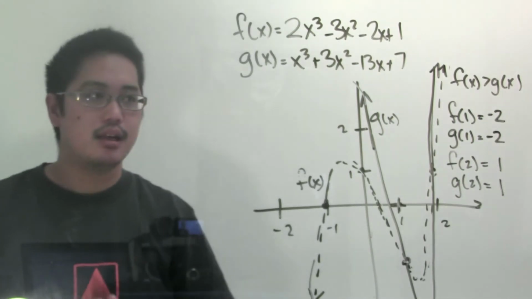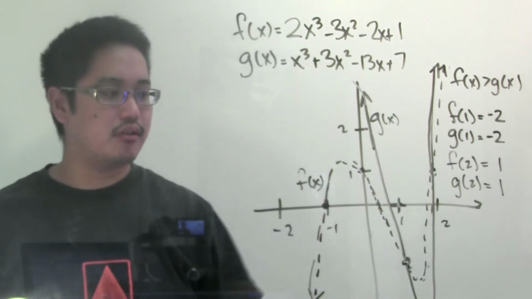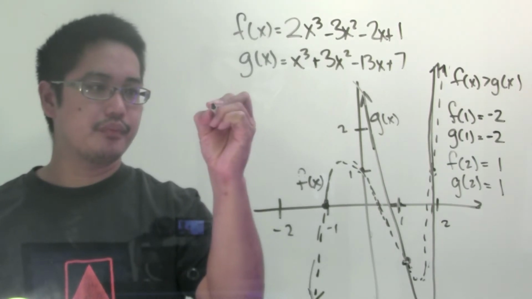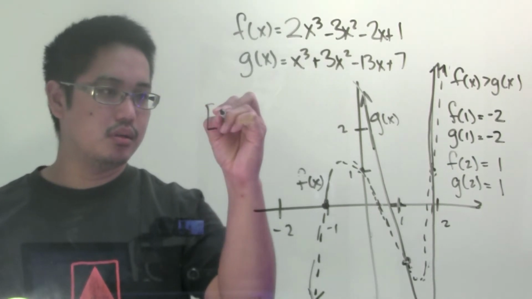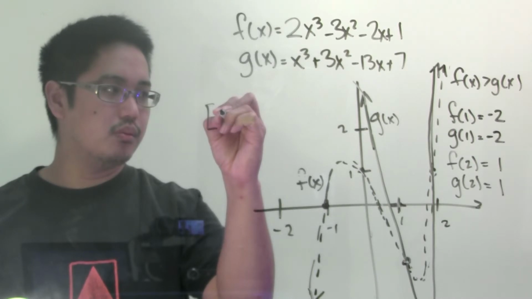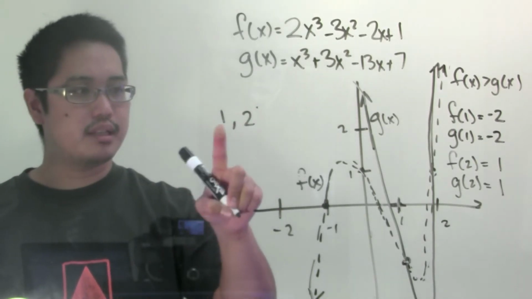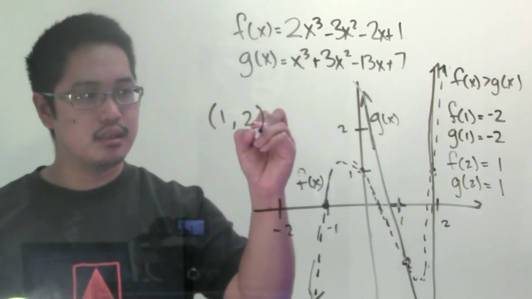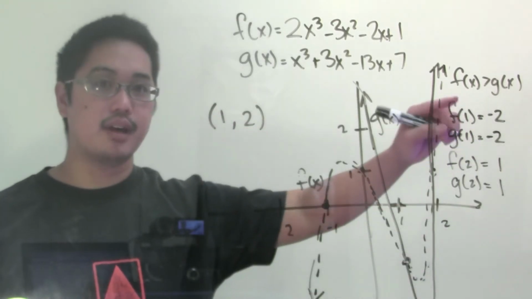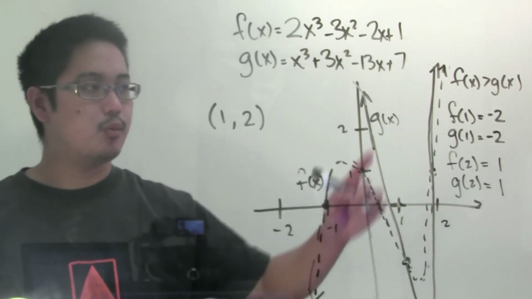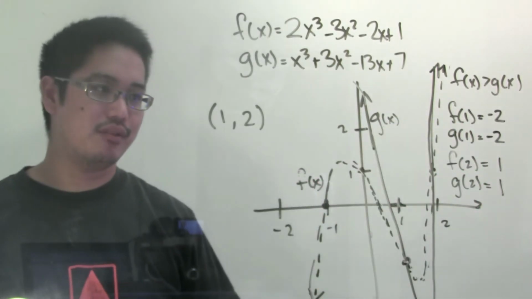So I would say that f of x is bigger than g of x in the interval between 1 and 2. Actually, I put brackets here, but they should be parentheses, because it's not asking when is f of x bigger than or equal to g of x. It's saying when is f of x strictly bigger than g of x.